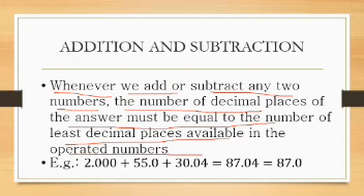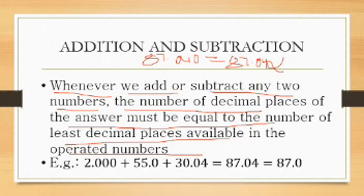You may say the answer, sir, the answer should be 87.040, and so then we will write it as it is, 87.04. If we do that, it will be wrong. It's not the correct answer. It may be right if you are just seeing the normal calculation, but it is wrong if you are doing calculations considering significant figures.